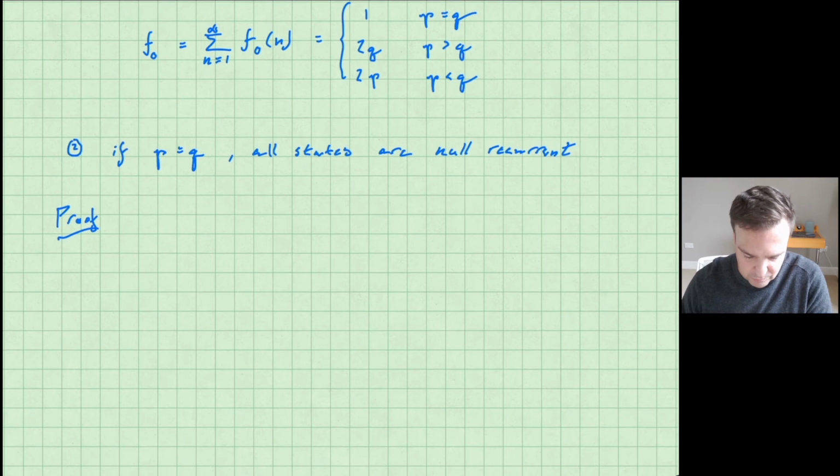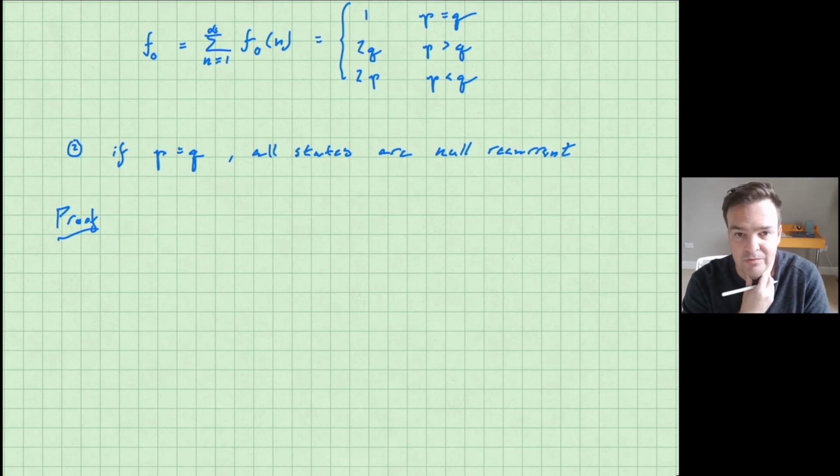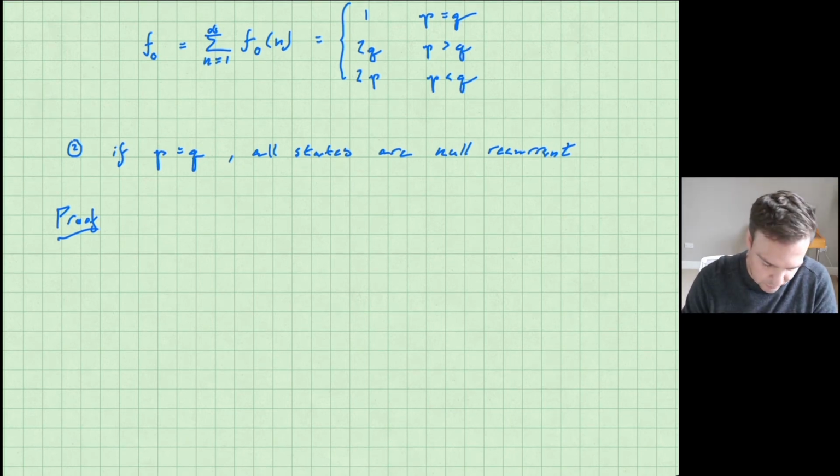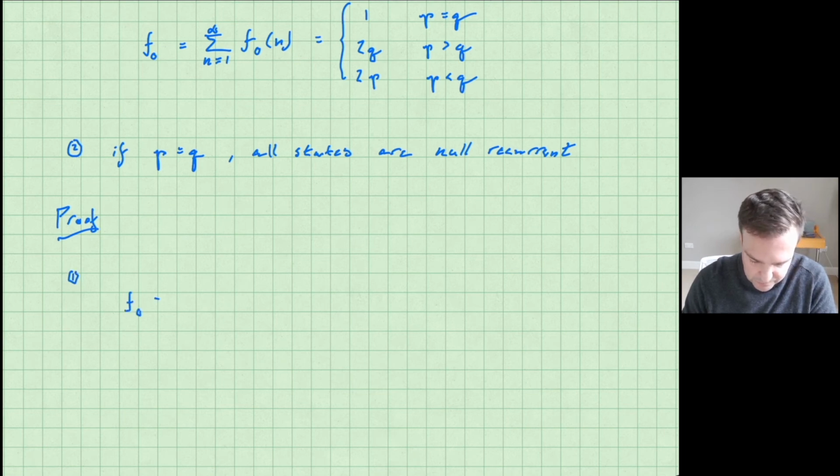So to do this proof, we're of course going to have to rely on the previous one. So the first part looks like this, right? So we're saying f0, and let's just write out what this is. It's the sum of n equals 1 to infinity of f0 of n, right?